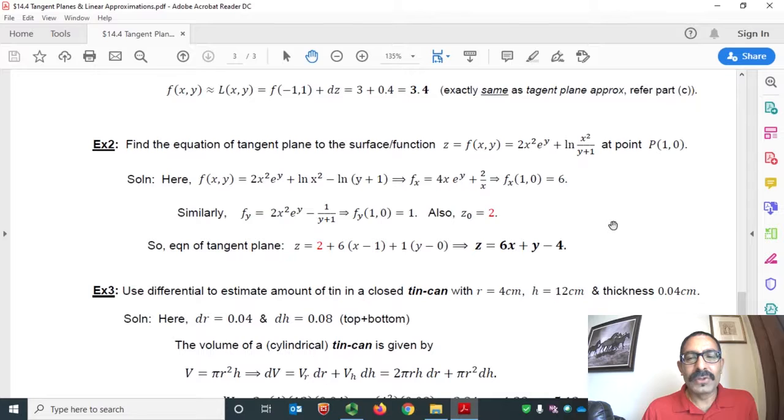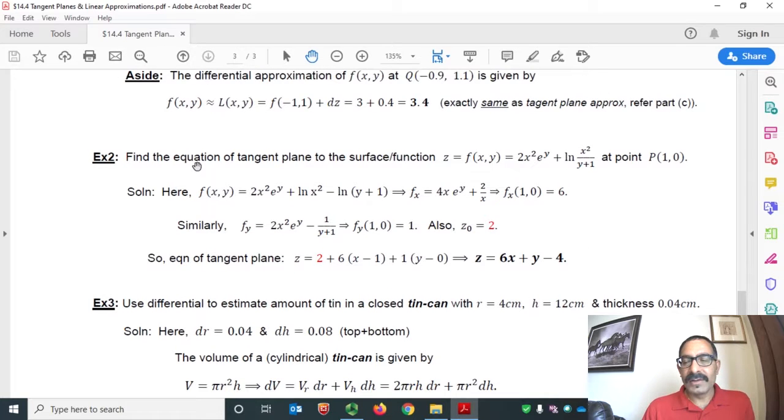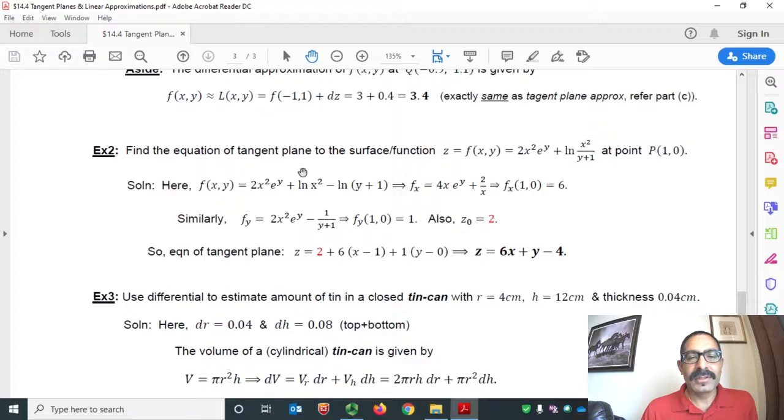Now example 2. Find the equation of the tangent plane to the surface given by z equals f of x, y equals 2x squared e to the y plus natural log of x squared over y plus 1, at point P with coordinates 1, 0. So now the solution. To find the equation of the tangent plane, first find the partial derivatives of f with respect to x and with respect to y, evaluate at point P, and apply the formula.